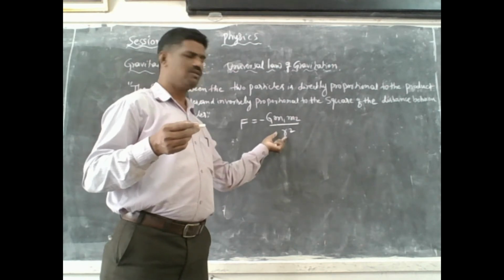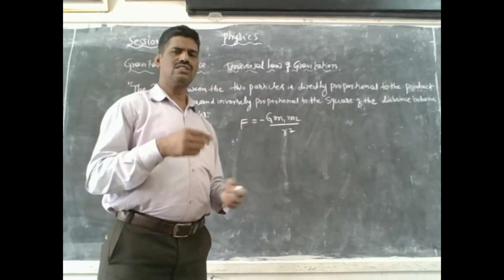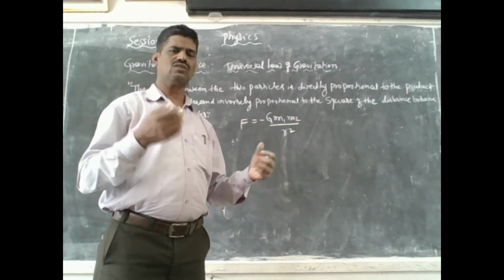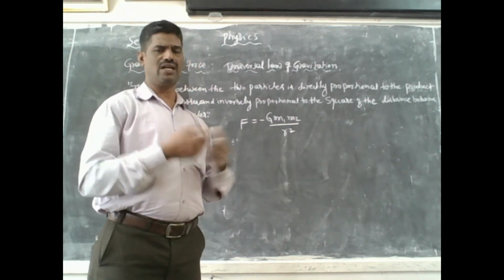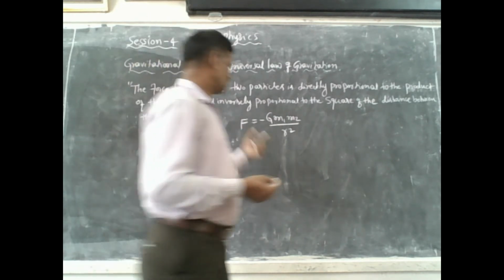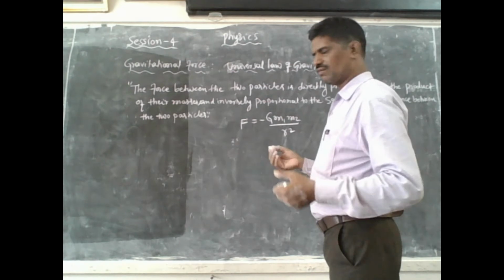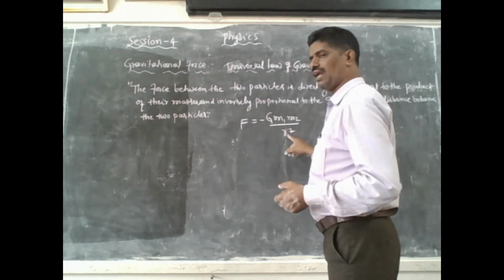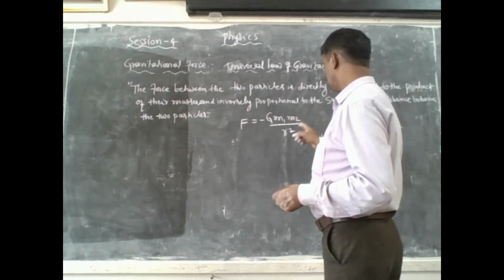The negative sign indicates that the force is always attraction, always towards each other, isn't it? And here r is the distance between them.